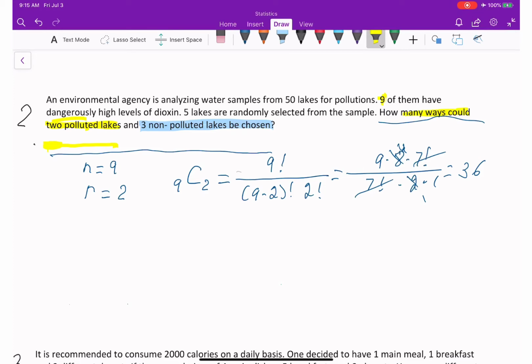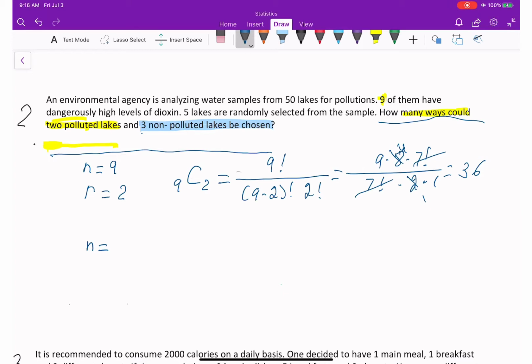3 non-polluted lakes. So what do we have? Out of how many lakes are not polluted? So if we have a total of 50, right? And 9 of them are polluted. So how many are not polluted? So n is going to be equal, because our 3 lakes are non-polluted and we are trying to find the combination of non-polluted.